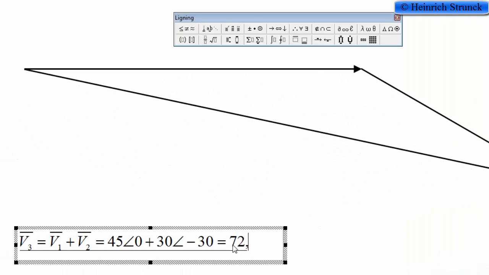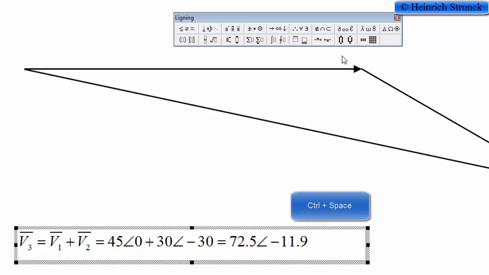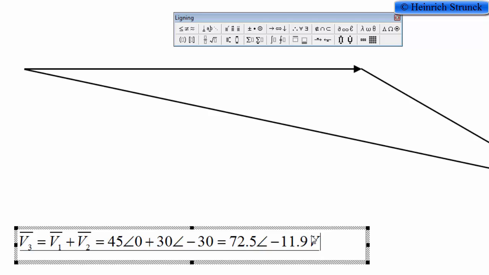So 72.5 at an angle of negative 11.9. That is volts. To get some space, we can press Control, and then V for volts.